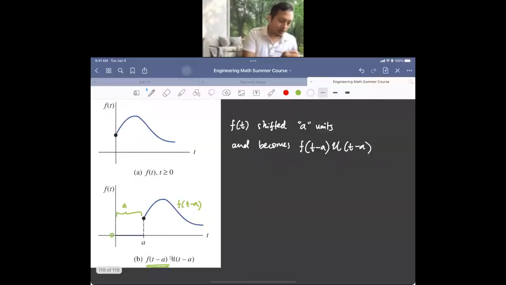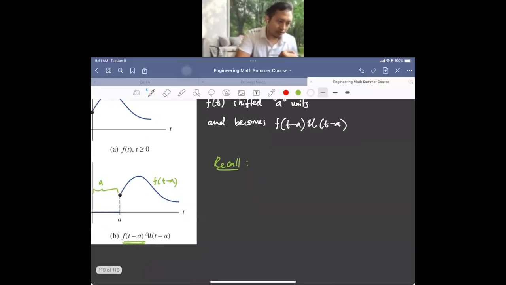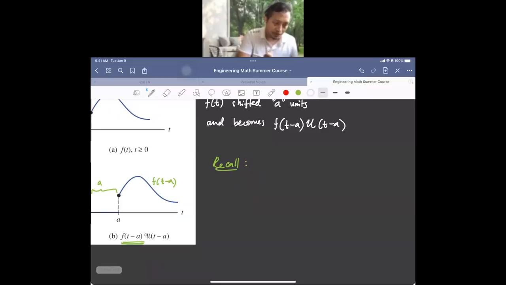Recall in the previous theorem, the exponential multiple of f(t), e to the power of at times f(t), results in a translation of the capital F on the s-axis.